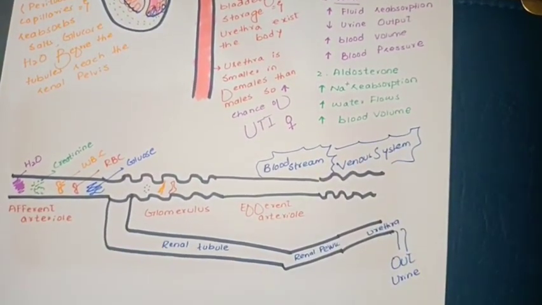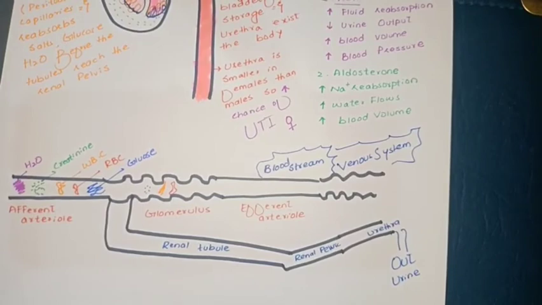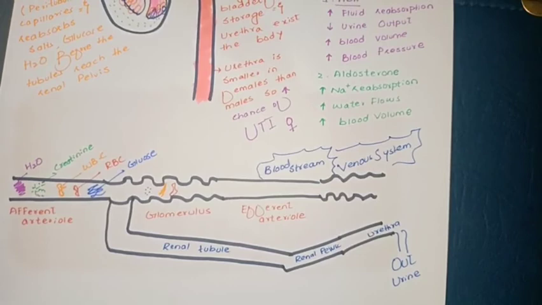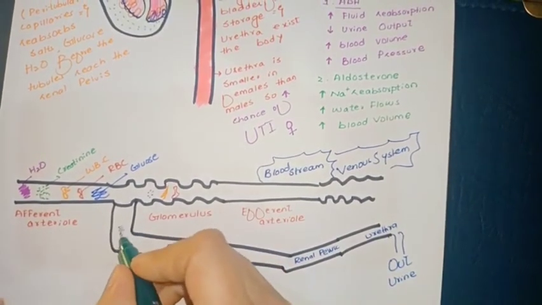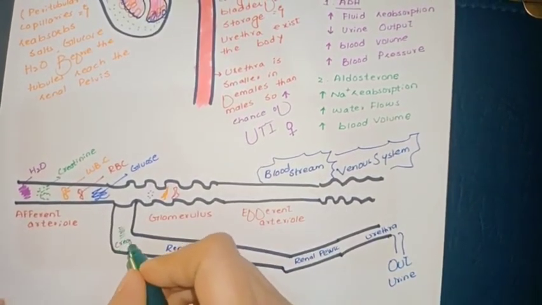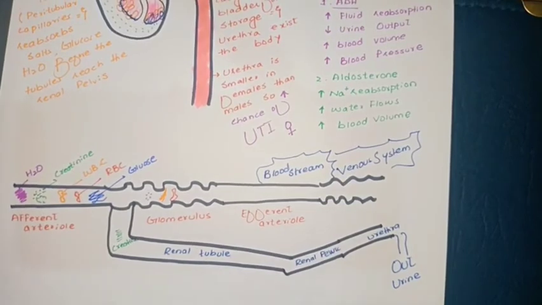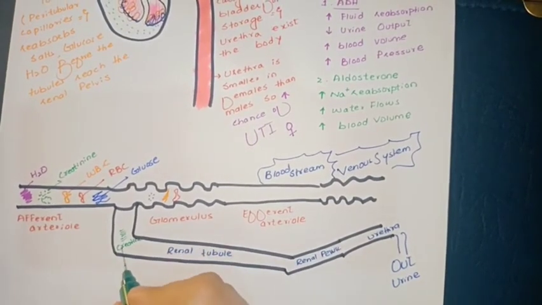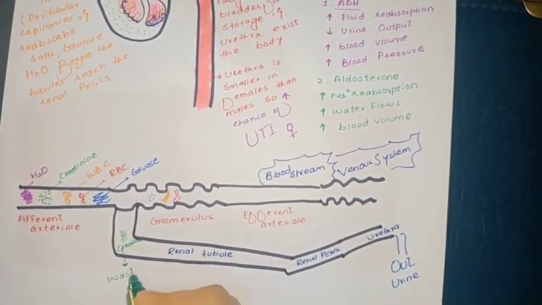So less amount of these. So all the creatinine comes in the renal tubule for the excretion, because this is a waste product.